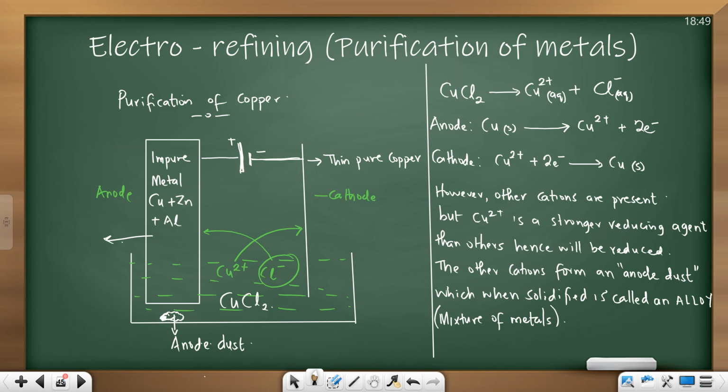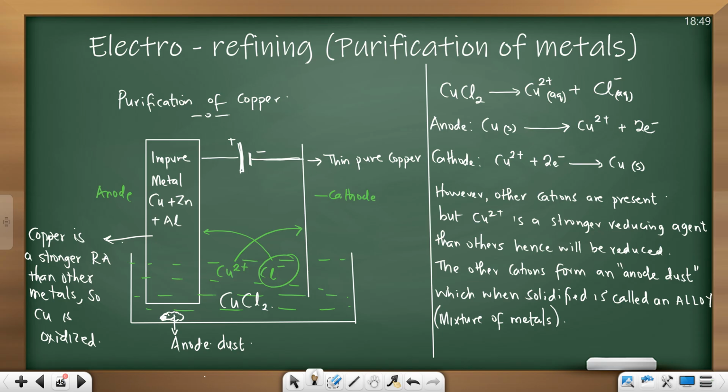Here we can say what? Copper is a stronger what? Reducing agent than other metals. So copper is oxidized, leaving the other things.